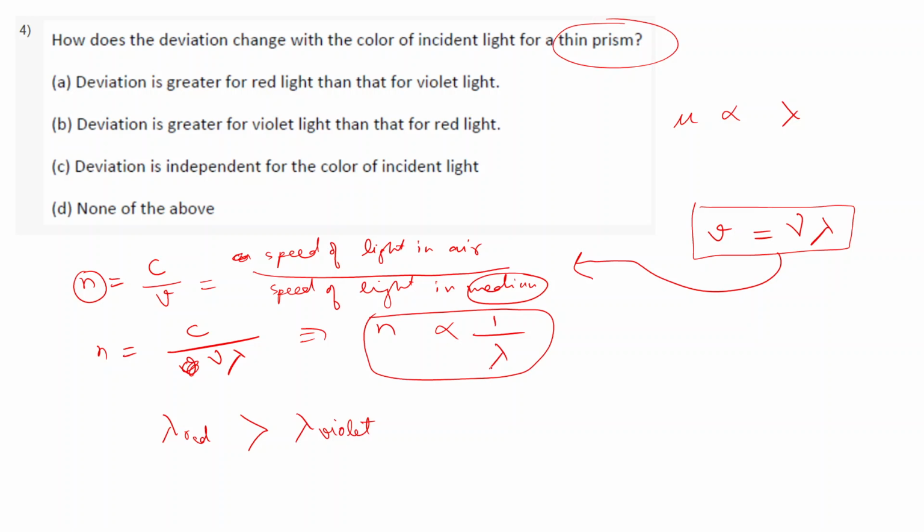From this relation, that means the refractive index of red light will be less than refractive index of violet light, because they are inversely proportional. So what we were talking about here, deviation change with color of incident light.